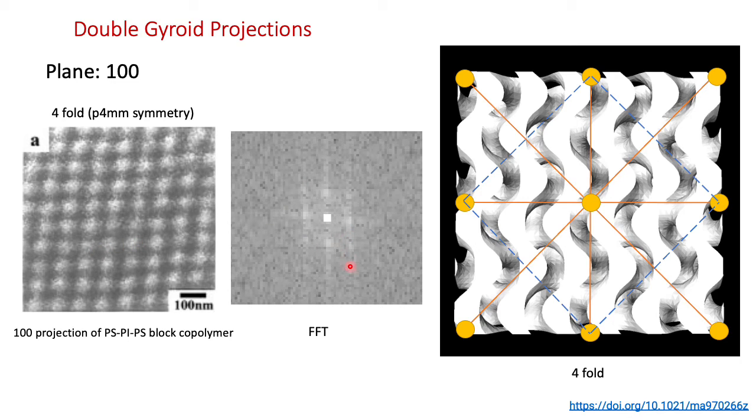The other picture here shows the fast Fourier transform of that TEM image, and this was created by me using ImageJ, and from that we can see the p4mm space group, which actually means that this has a fourfold structure or fourfold symmetry.